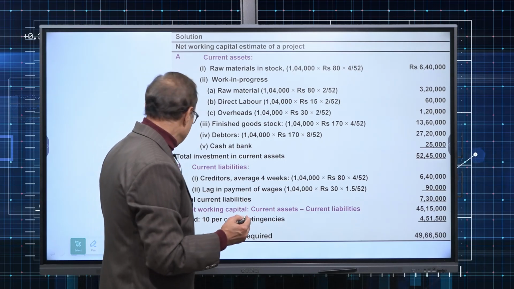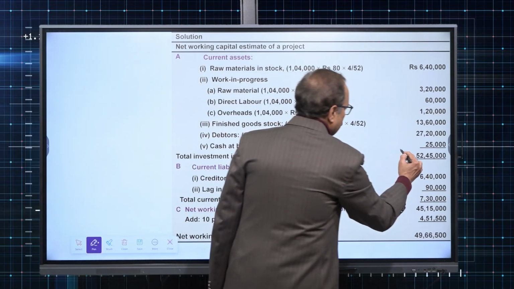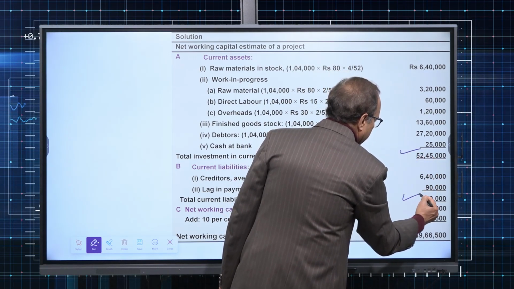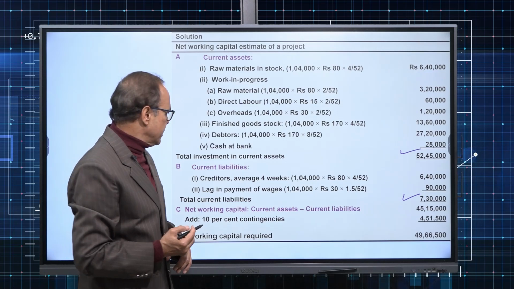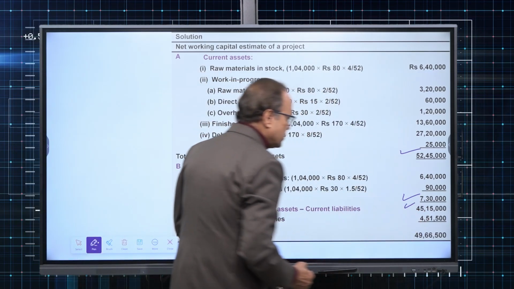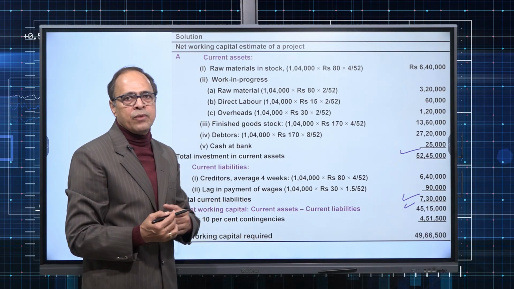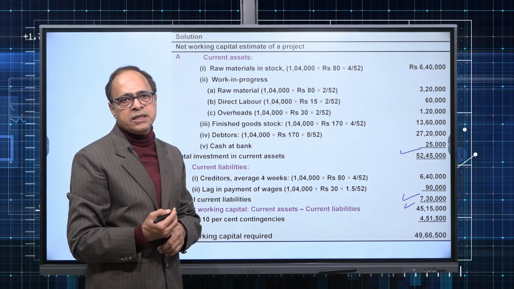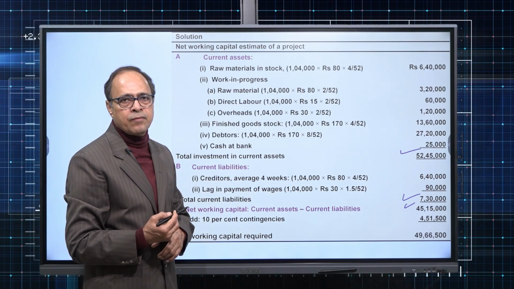So we have total current assets, total current liabilities. The difference between these two will be net working capital. So my net working capital is 45,15,000 rupees. And in the question we have been given add 10% for emergency or contingency. So we have added 10% for contingency.